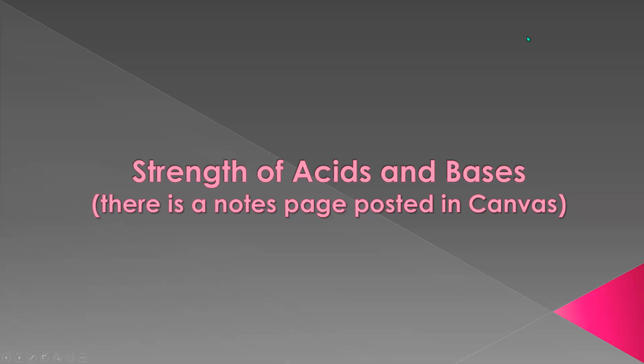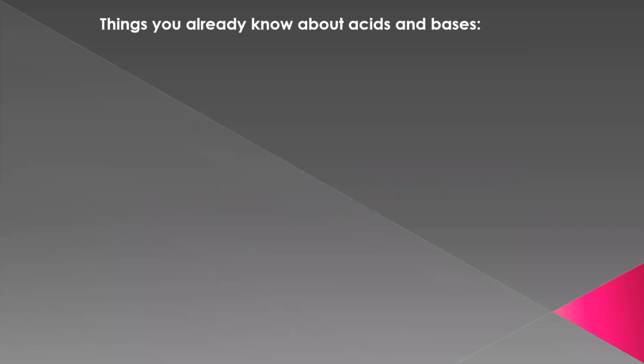So that's what you need to figure out today, is the idea of the strength of acids and bases, and then how we would measure that. How can we have a way of knowing, without just memorizing a massive list, how strong or weak an acid or base is?